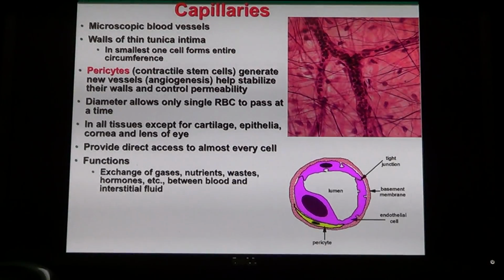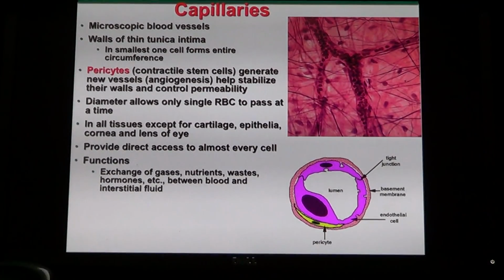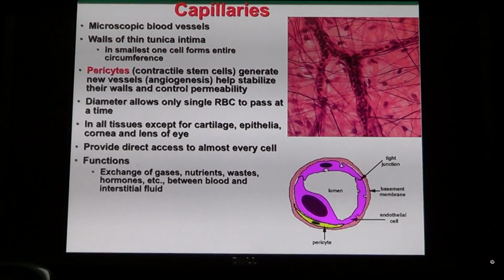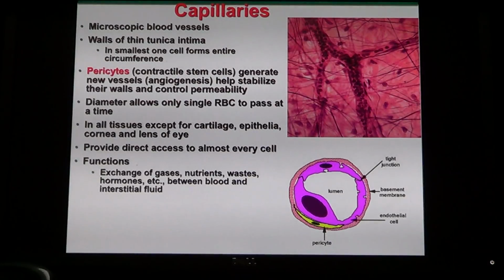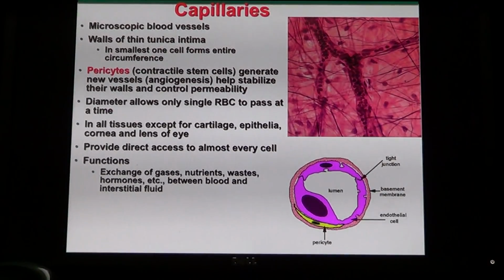So the pericyte first of all accommodates the contractility and stretching motion, or at least helps. Second, being a stem cell, it is capable of differentiating into any tissue. In the process called angiogenesis, which is the development of new blood vessels, pericytes very nicely could respond to vascular endothelial growth factor.